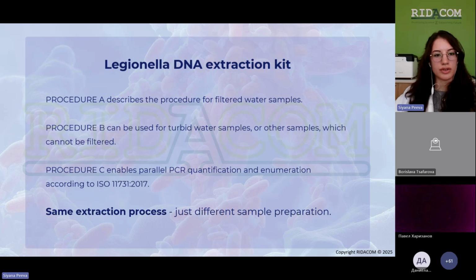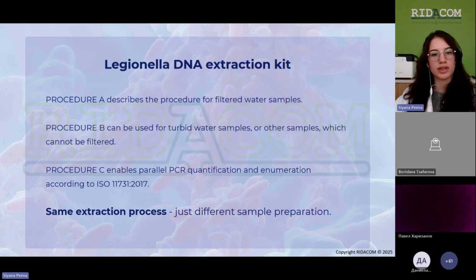There are three procedures. Procedure A describes the procedure for filtered water samples, while procedure B is for non-filterable water samples, if they're very turbid or any sample that cannot be filtered. It's not a problem to extract DNA from them with this procedure.